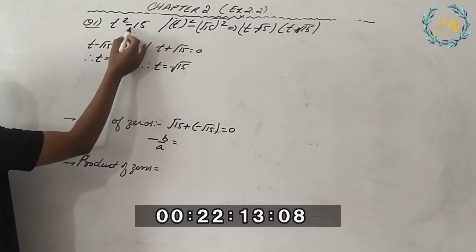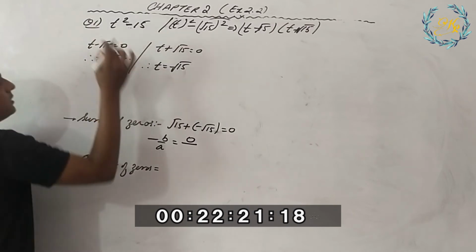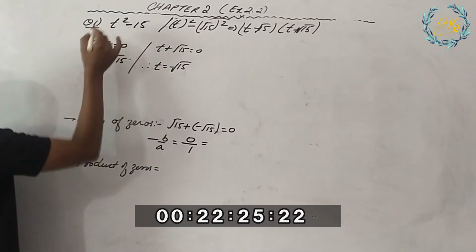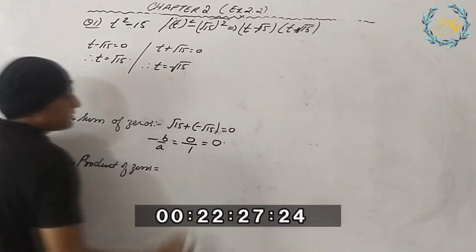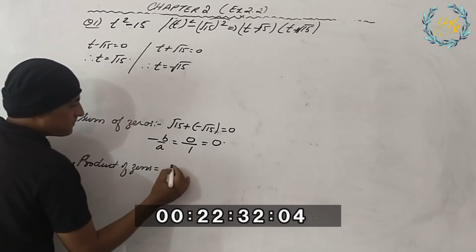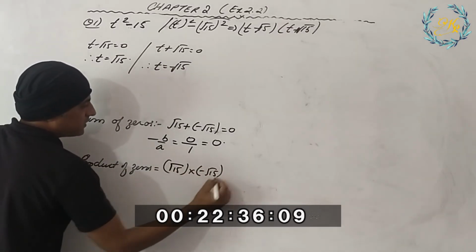If I compare with general formula for polynomial, ax square plus bx plus c, b isn't present here. It means the value of b is 0 and the value of a is 1. With t there is no number, so it means 1. This answer is 0.